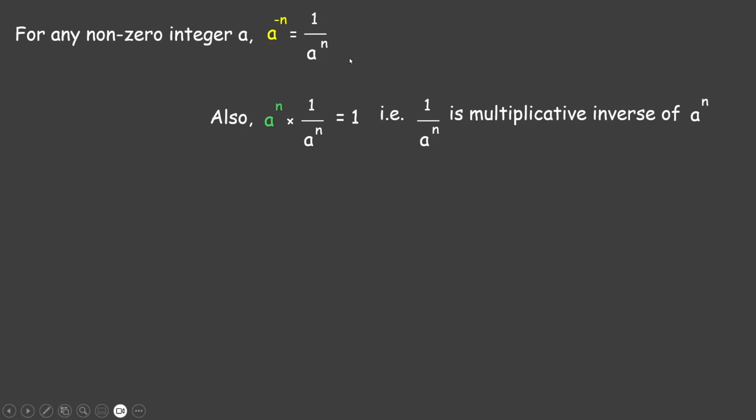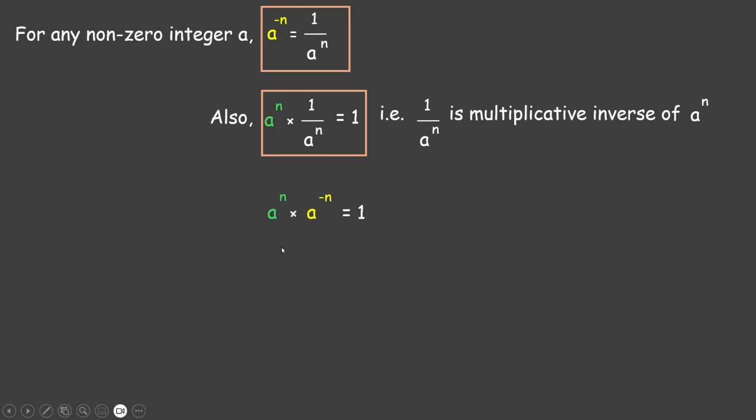Now, you look at this equation, then you look at this equation. How about we substitute the value of 1 by a raised to the power n from this equation into this. It will be a raised to the power n into a raised to the power minus n equal to 1. Now let's recall the laws of exponents.